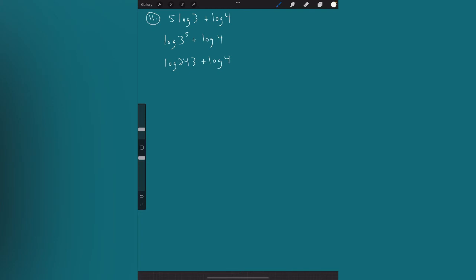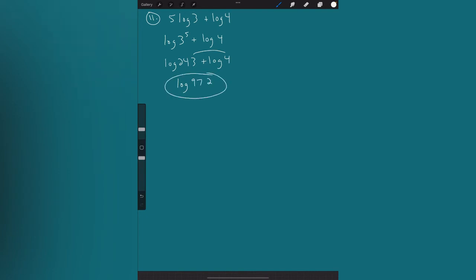I'm trying to reduce this down and write each expression as a single logarithm, so only one. Since I have addition, I can multiply. You multiply these two numbers together, 243 times 4, and I get 972. So I would get log of 972. And that's all it's asking me to do.